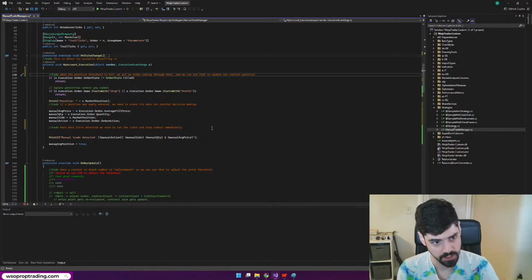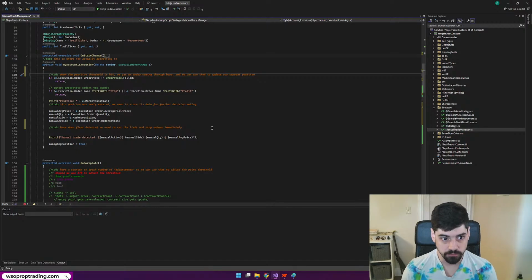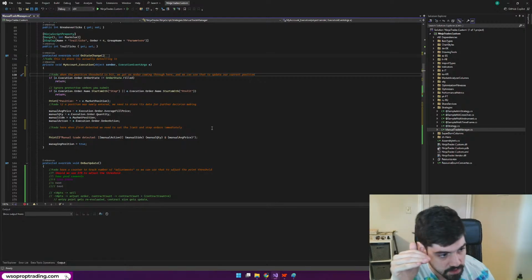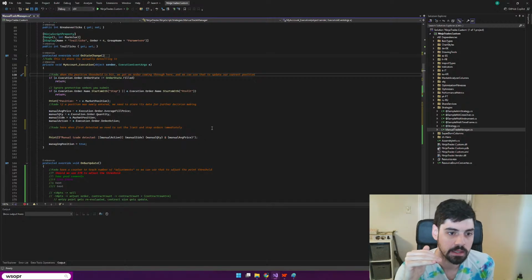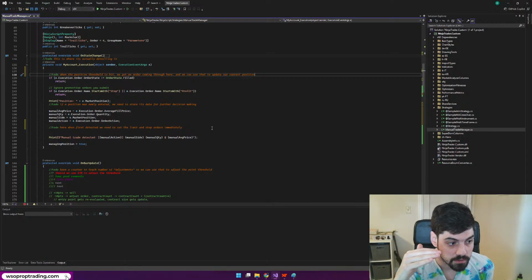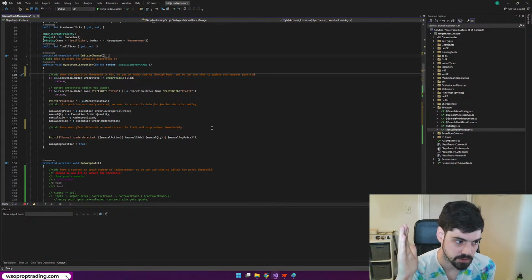If our goal is 10 points and it goes up to 11, we move it up to 10. 10.25, set it at 10. If it goes up to 11, set it at 10.75. Just keep moving it as it goes up, and as soon as it ticks down, we're good. So that is something.